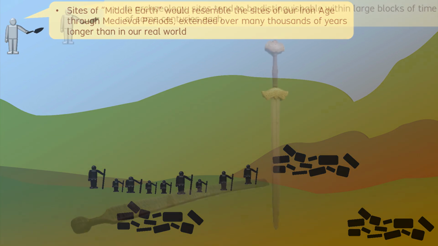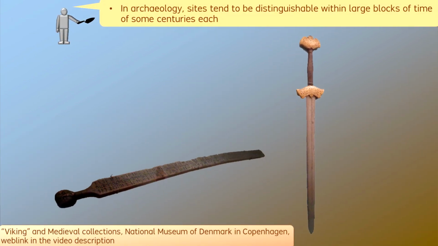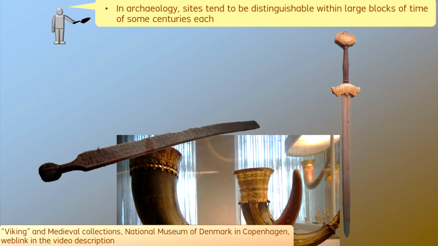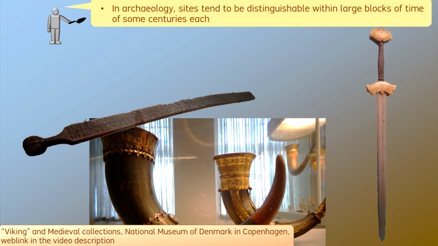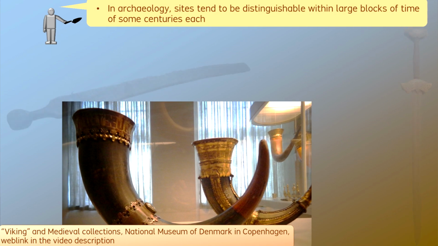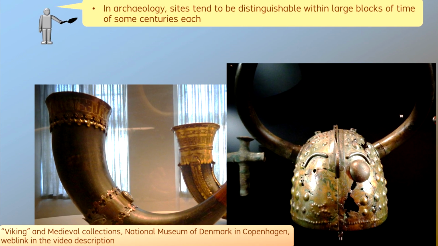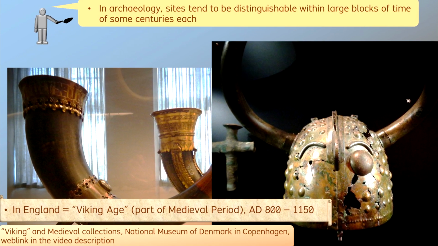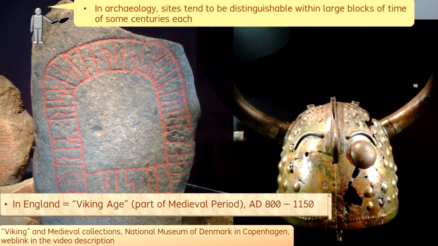In our reality, the ancient sites and artifacts of the Iron Age were not too much different from each other, and likewise the records of the medieval period were largely similar for each segment of a few hundred years. For instance, the materials of the so-called Viking Age in England were mostly consistent throughout a period of 350 years, roughly AD 800 through 1150.